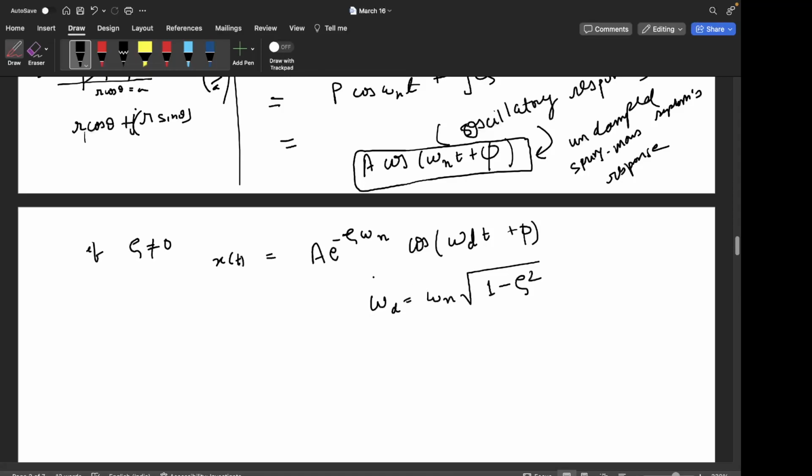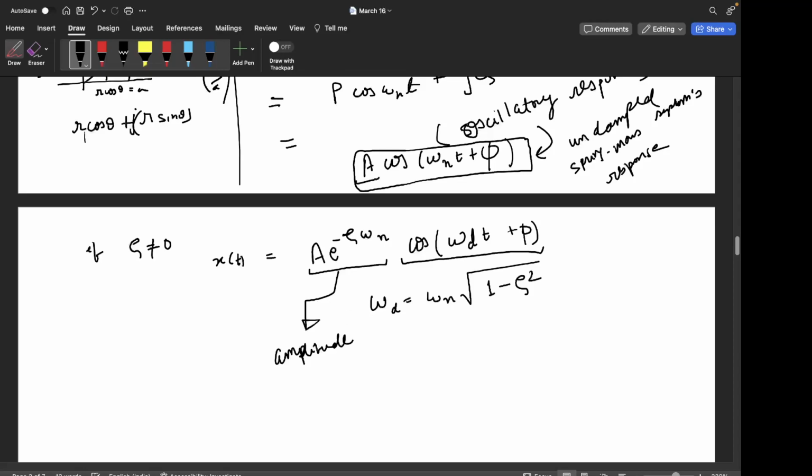So few things to unpack here. I have not discussed how we arrive at this, but still we can make all the important conclusions out of this. First thing, the amplitude. What can you say about this amplitude?